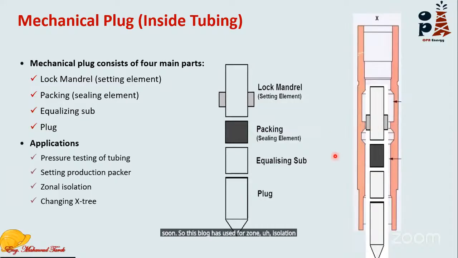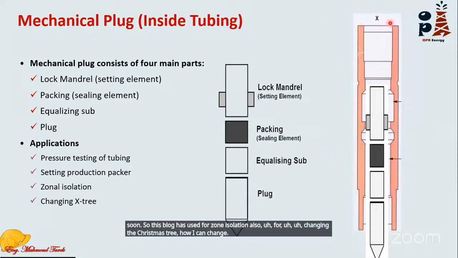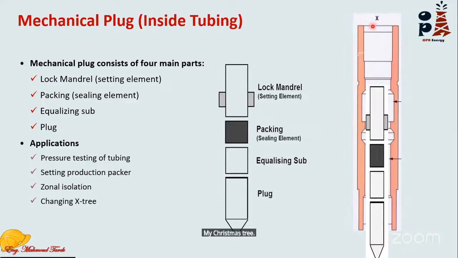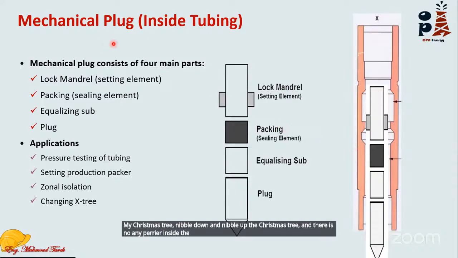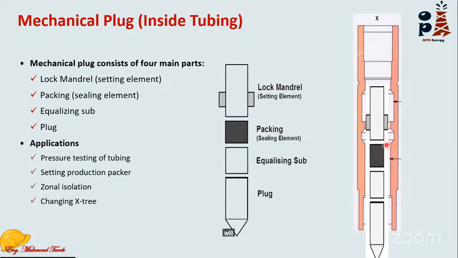Also for changing the Christmas tree. How can I nipple down and nipple up the Christmas tree when there is no barrier inside the well? This mechanical plug will be a barrier, plugging the inside of the tubing to allow me to change the Christmas tree.